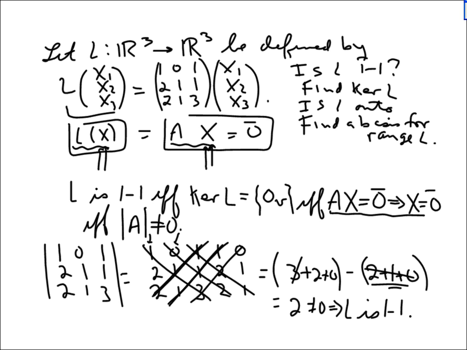L is 1-to-1 if and only if the determinant of A is non-zero.